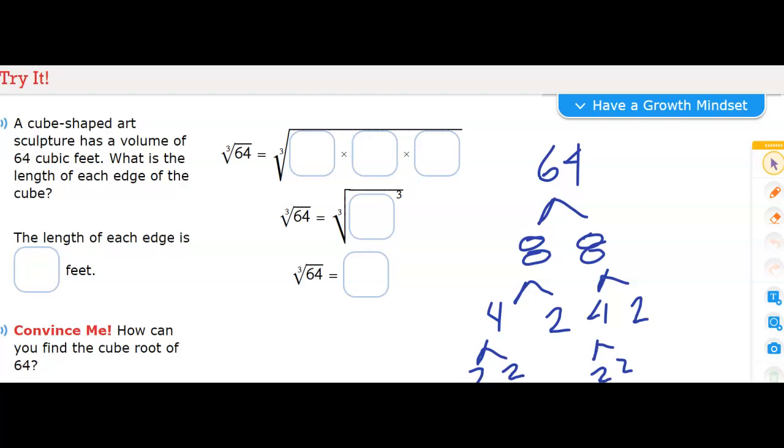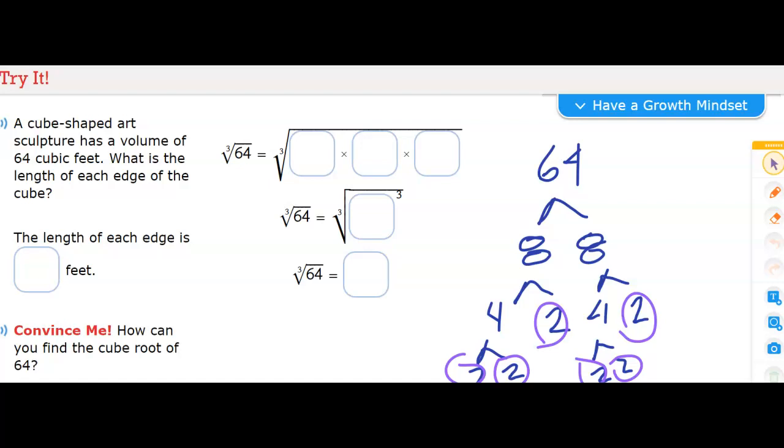Now I'm going to circle my prime numbers. I have 2, 2, 2, 2, 2, and 2. I'm going to write this on the side here.